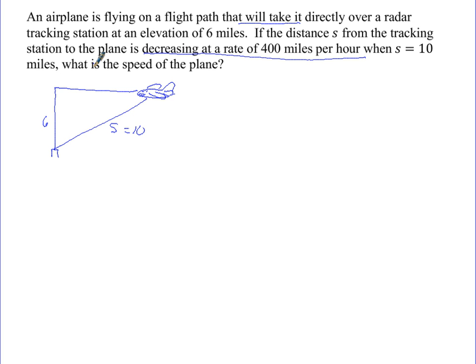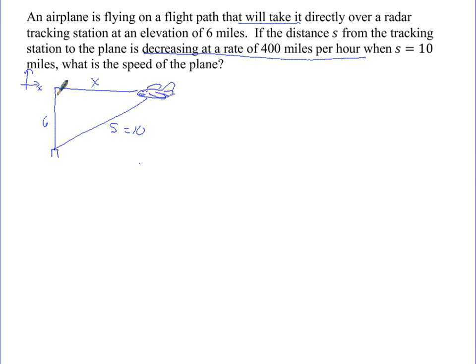Now, since this is a horizontal distance, and I usually set up my coordinate plane with x being on the horizontal axis, I'm going to call that x. x is also a variable. s is a variable, x is a variable, okay?